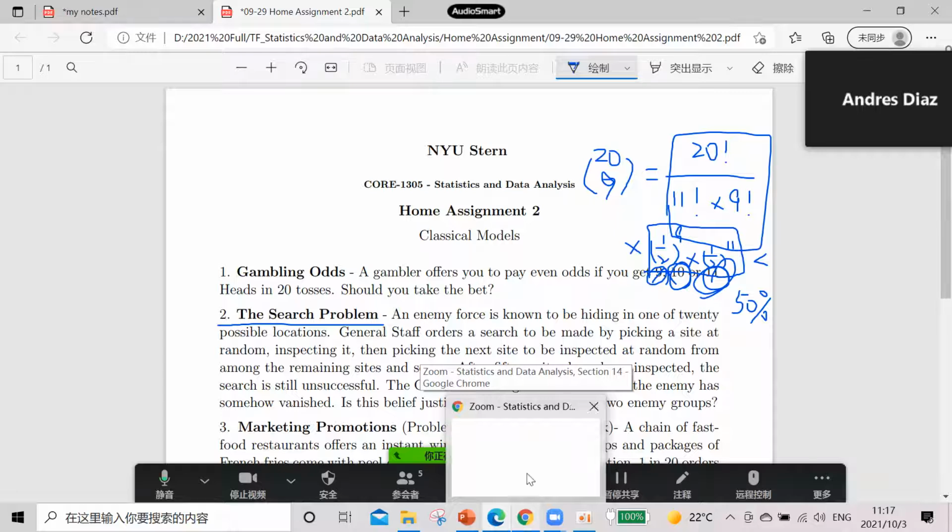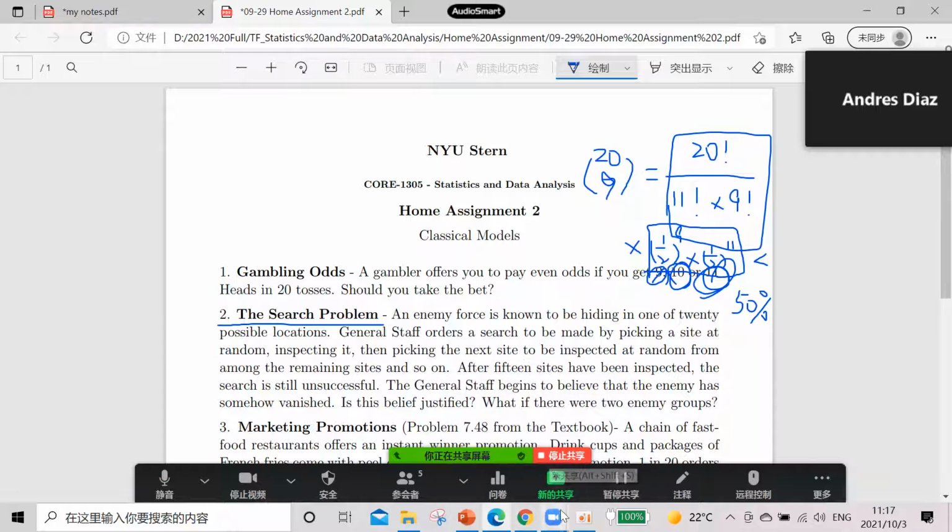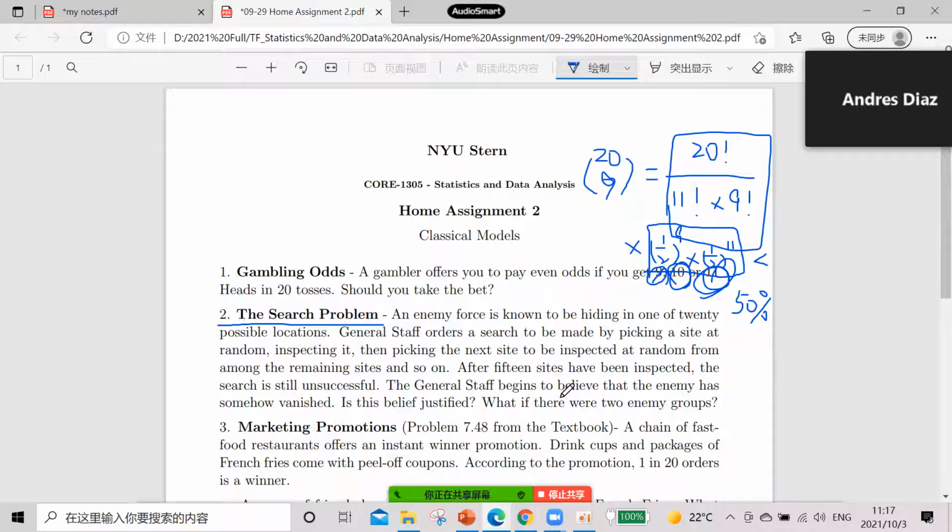Sure. I just wanted to clarify what you meant here for number one. So you're saying to answer this, we would do 0.5 times 20 given 9 plus 0.5 times 20 given 10 plus 0.5 times 20 given 11, and that would give us a probability.